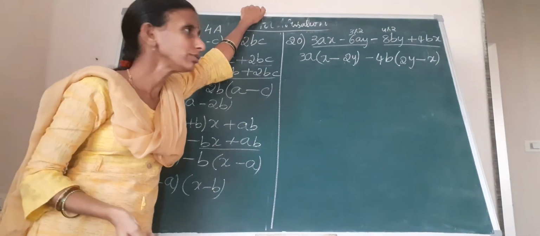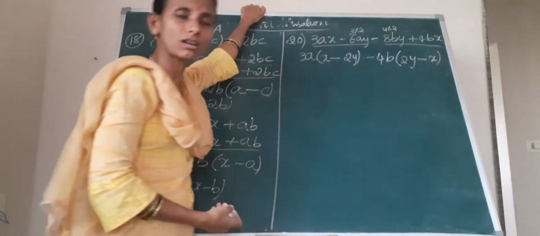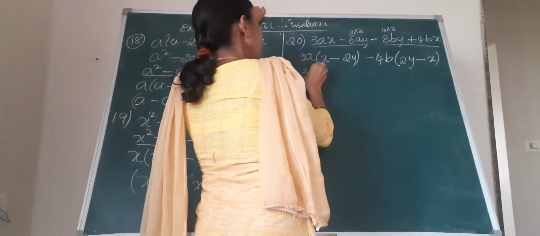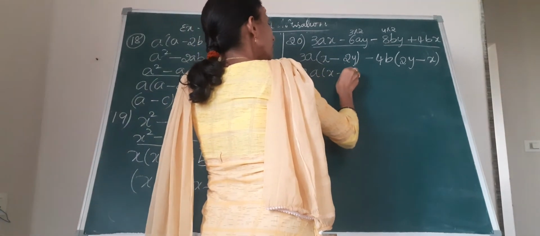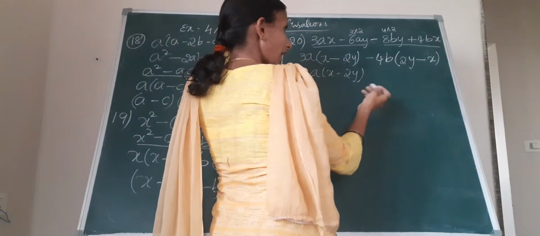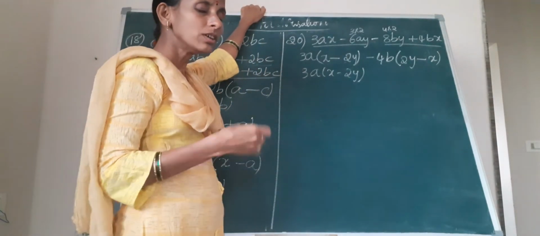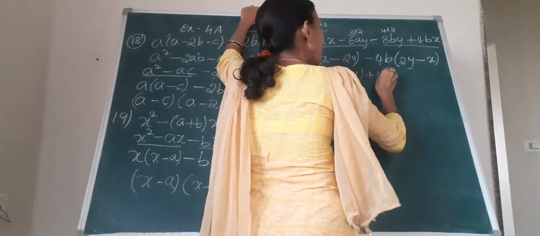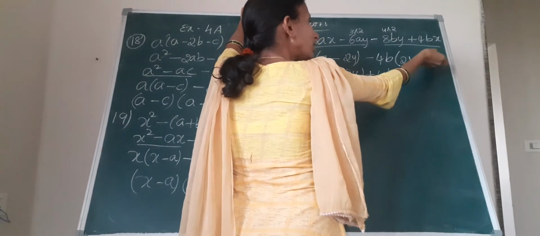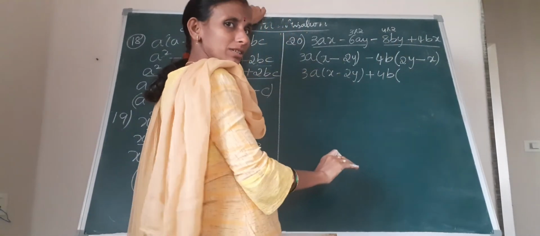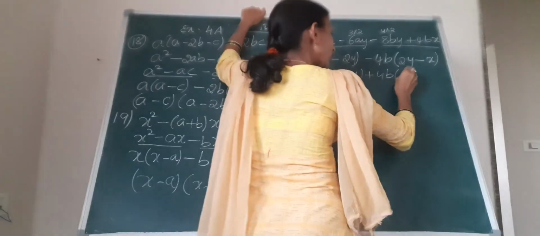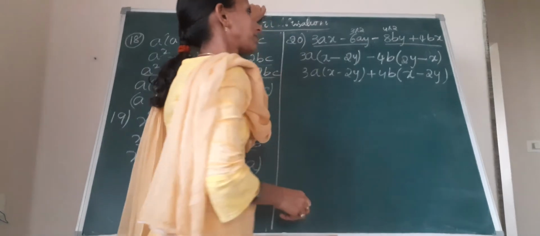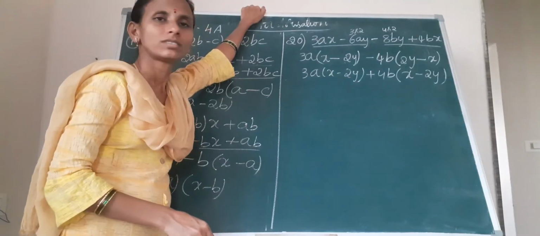So what do we have to do? We have to take minus common outside from the second term. So what do we get? 3a into x minus 2y. I am taking minus outside now. So what happens? Minus into ... Okay? Same.